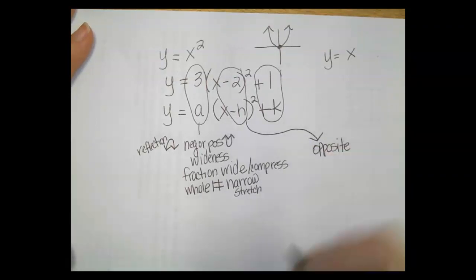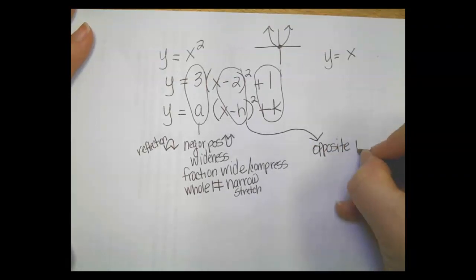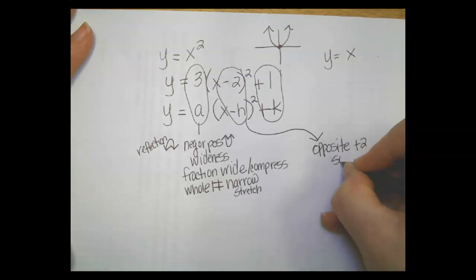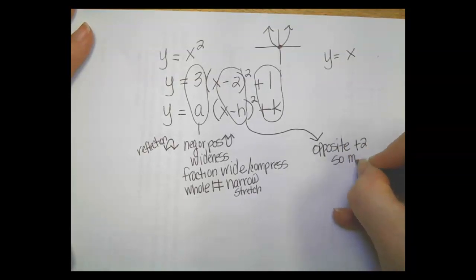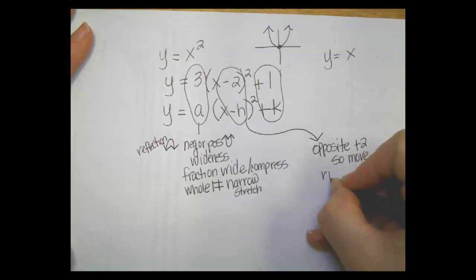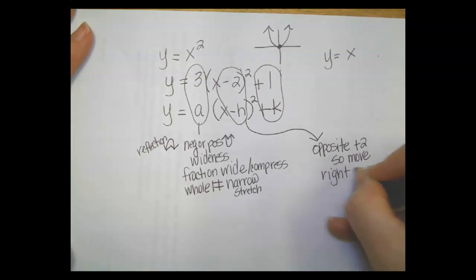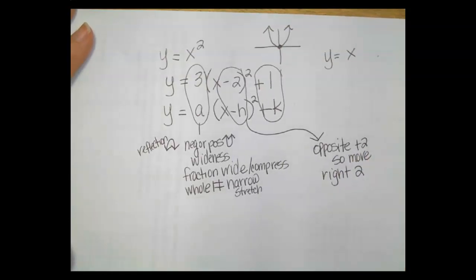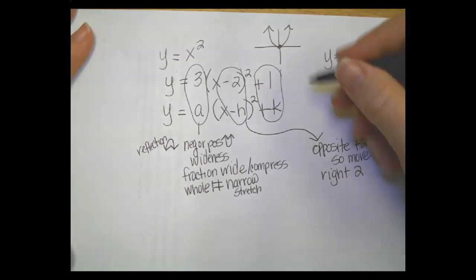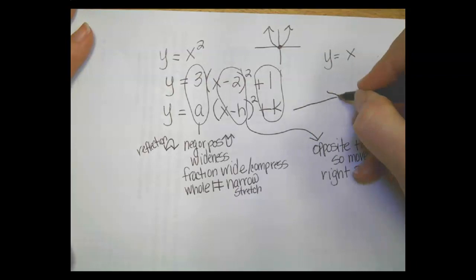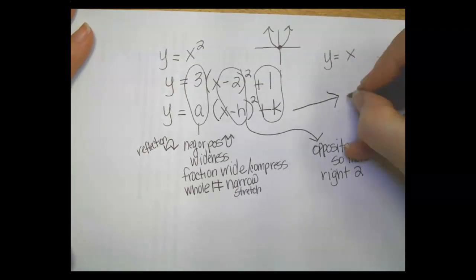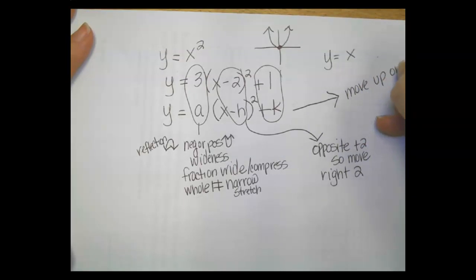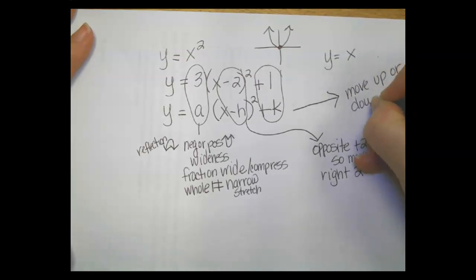So in this case, it would be a positive 2, so you're going to move right 2. This k tells you to move up or down. It's the simplest.